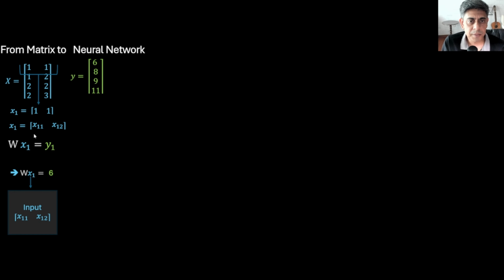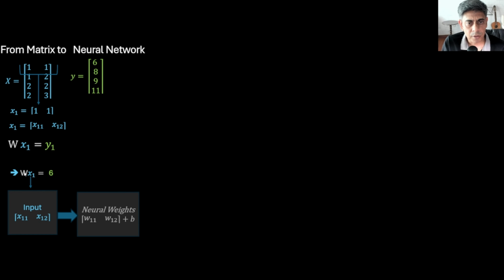So the input is represented this way. There is something called the W, which is W11, W12, matching with these two components. Its dimension will also match. And there is a bias term, which altogether we can think of as my neural weights, which will result in this 6.